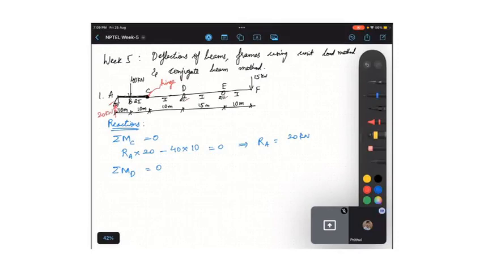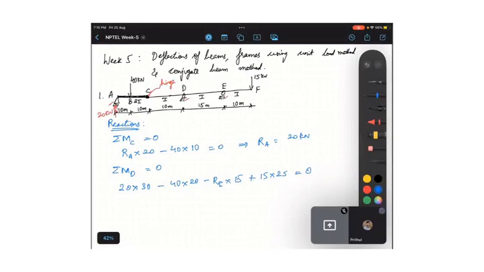So 20 times 30, that is 10 plus 10 plus 10, minus 40 times 20, minus RE, where I'm assuming the reaction at E is upward, so RE times 15, plus we also have the external load 15 times 25, equal to 0.